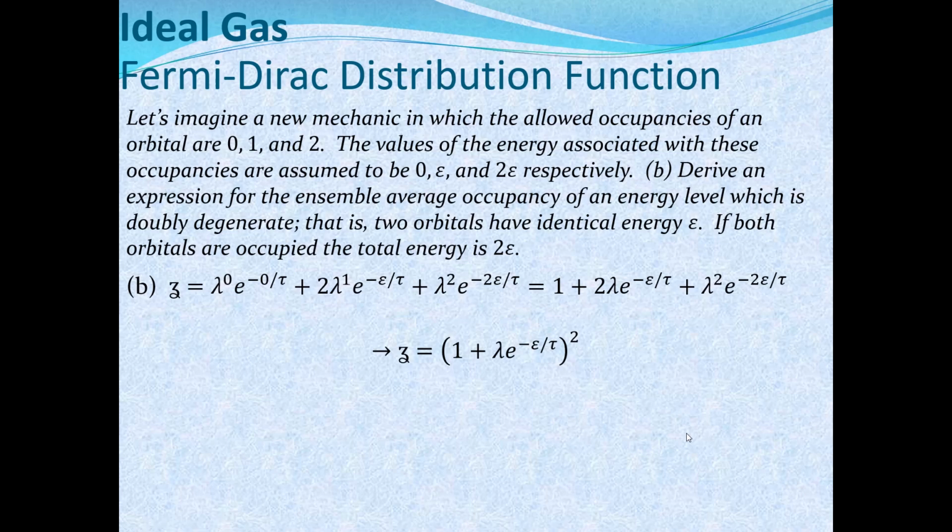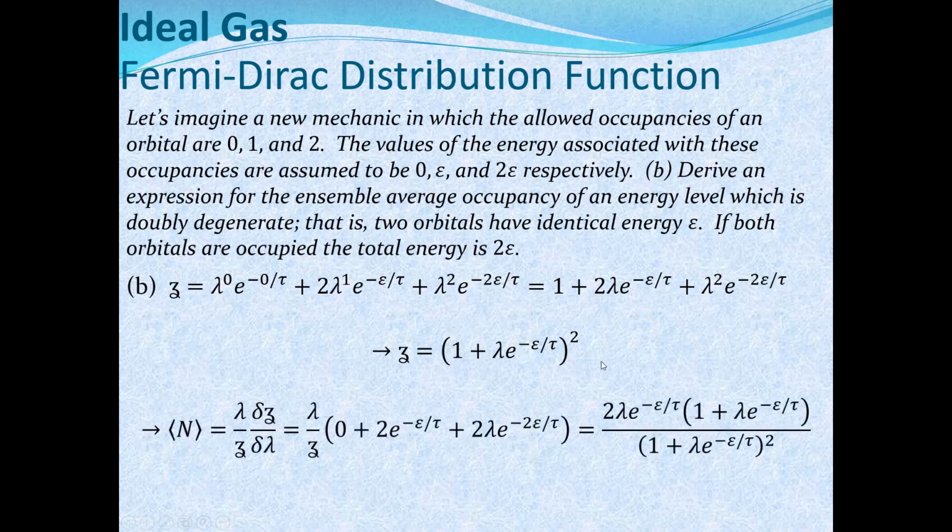So we can actually rewrite this to look more like this. But once again, we pretty much do the same thing. We take the partial derivative. Nothing really changes. We could actually pull a 2 lambda or 2e to the negative epsilon over tau out from each of these two terms to get this.